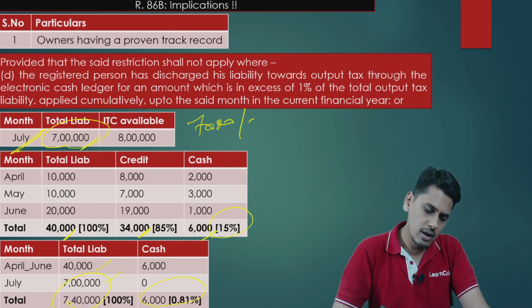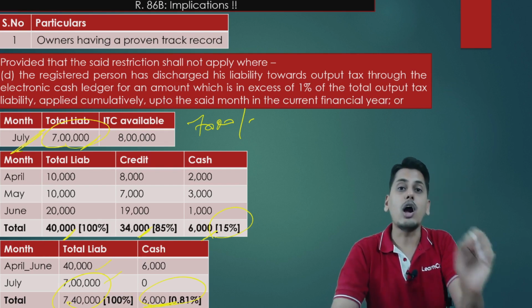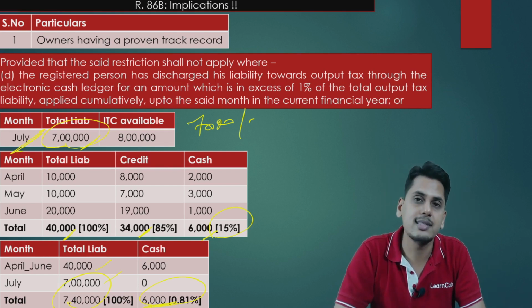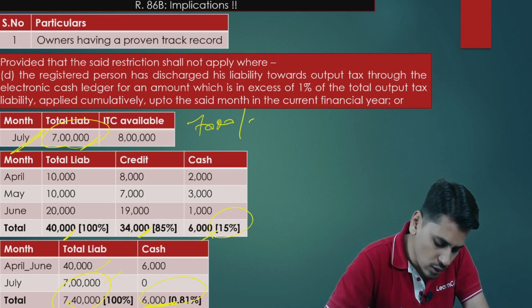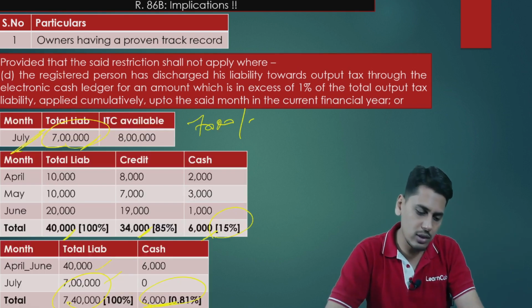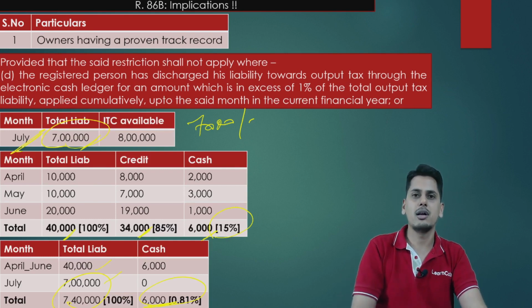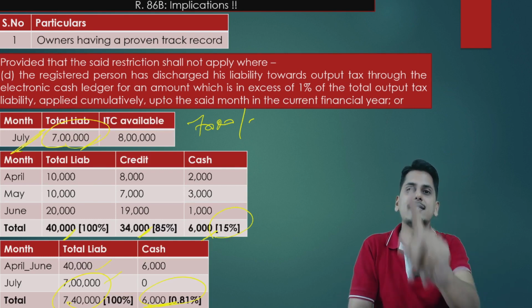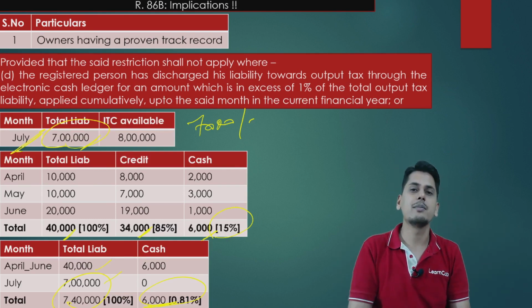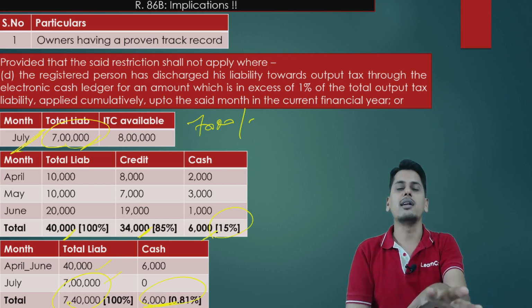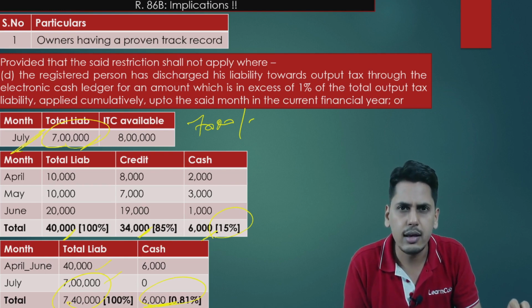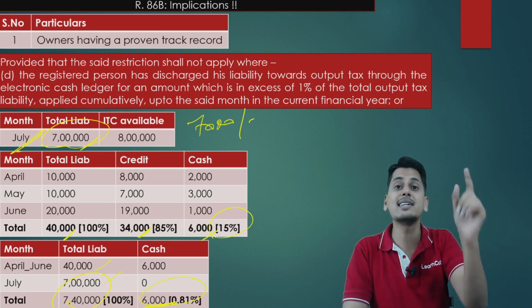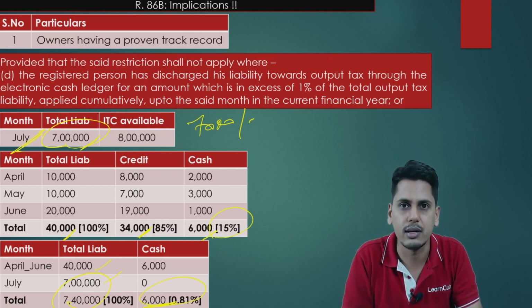Now friends, please analyze what is the shortfall over here. How much is my total liability including that of the month of July? 7,40,000. How much is 1% of that? 7,400, which means if I pay in total ranging from April, May, June till July, if I am paying 7,400 rupees, it is a valid compliance of Rule 86B.